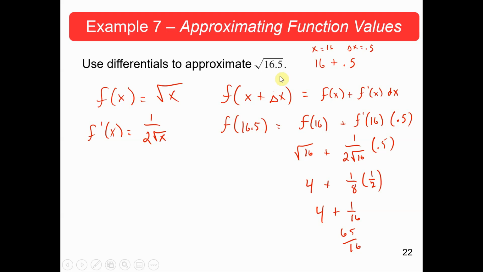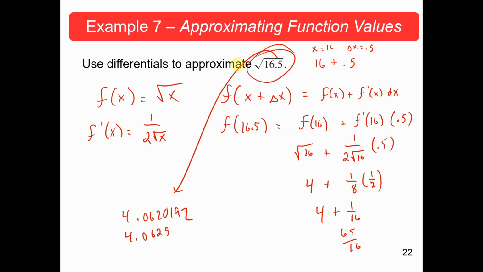We know the actual value is 4.0620192. And then I do 65 divided by 16. I get 4.0625. It's a pretty good approximation, right?